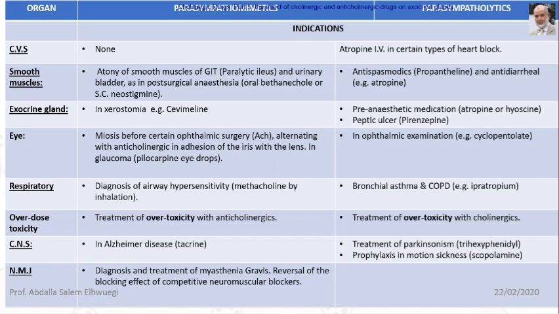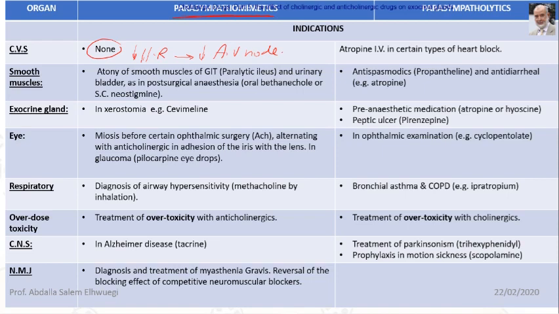On the cardiovascular system, parasympathomimetics, as we have said, have no clinical application, but they can decrease the heart rate and decrease the AV node conduction. We have said that they can inhibit the SA node and inhibit the AV node conduction.